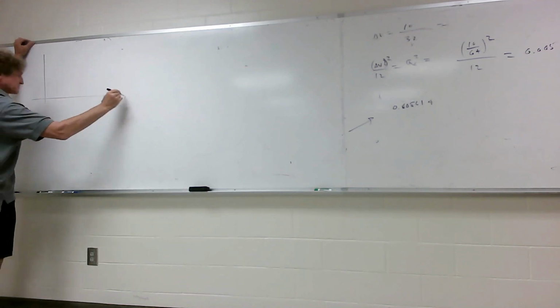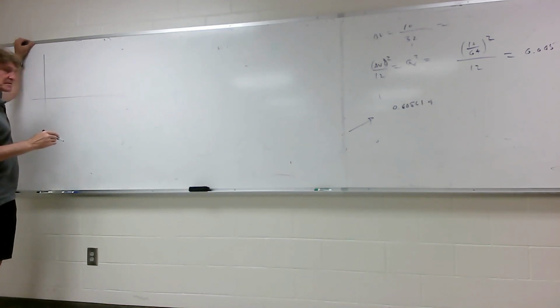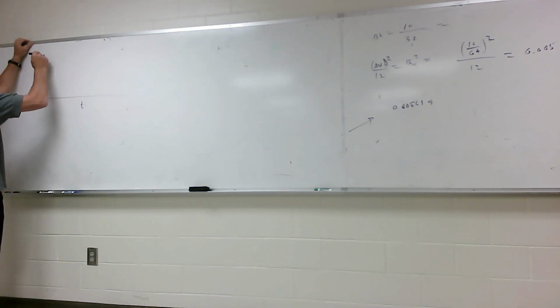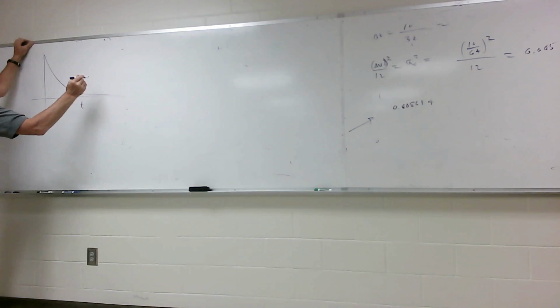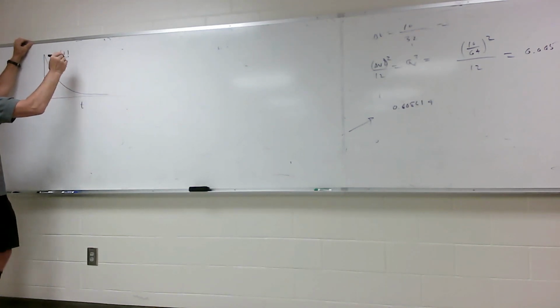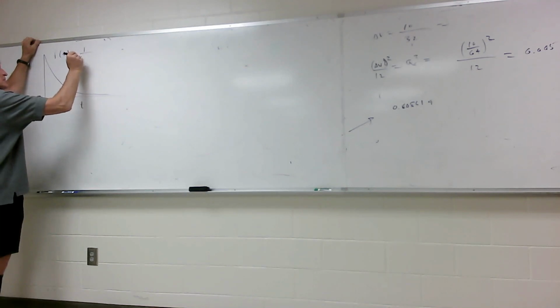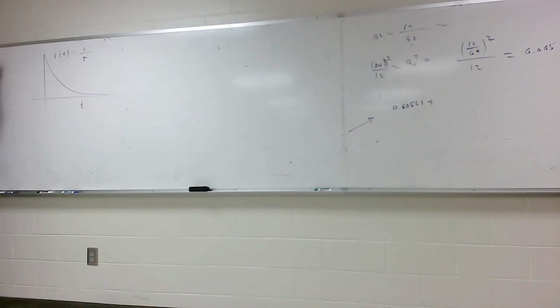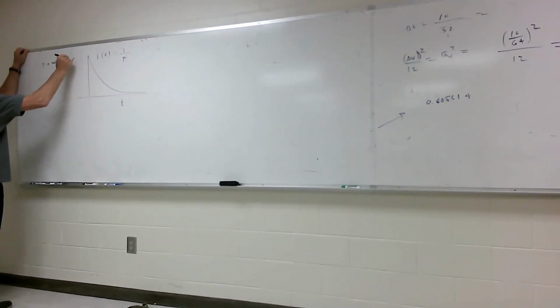So what it says is this. If you take a look at the mean time to failure, when you look at this, if this is time, you're going to get a distribution that does this reliably. Now this is f of t, he'll have f of tau there. And that's 1 over tau, and tau is going to be the mean time to failure.